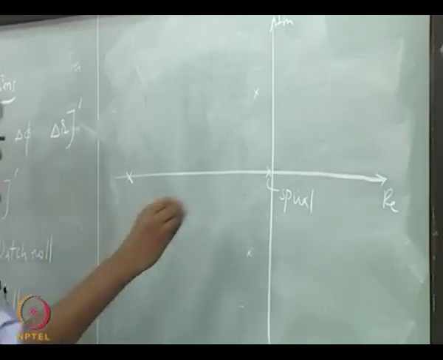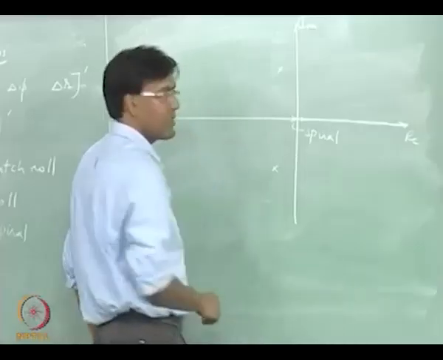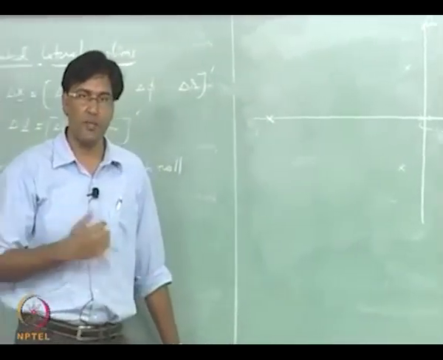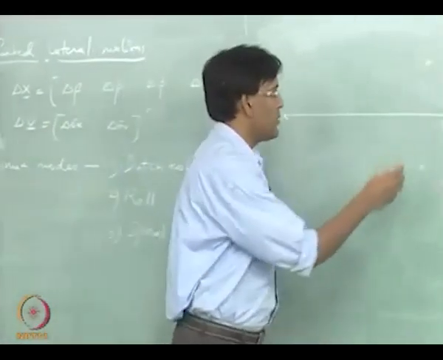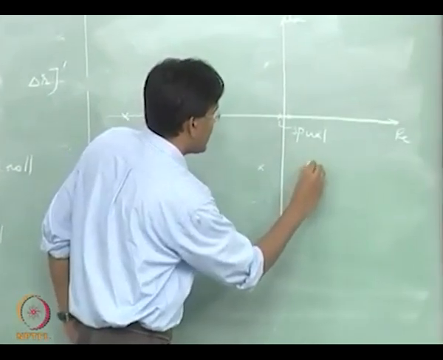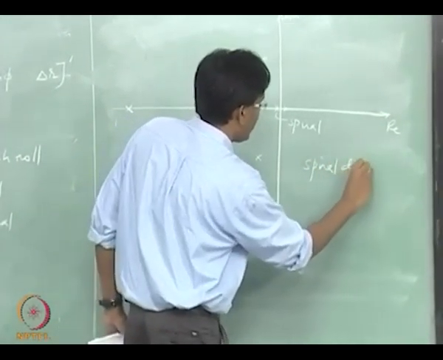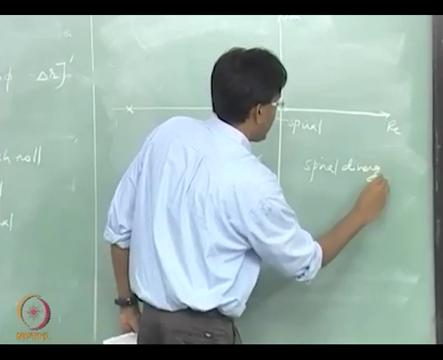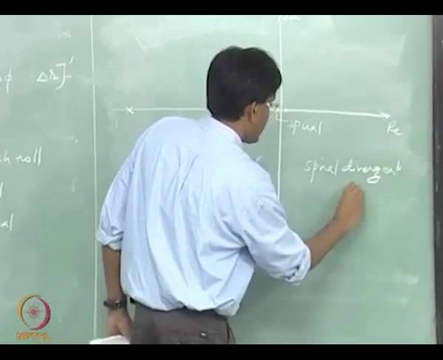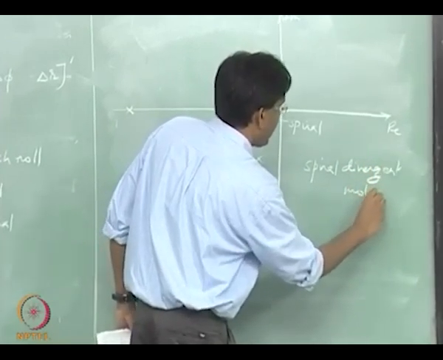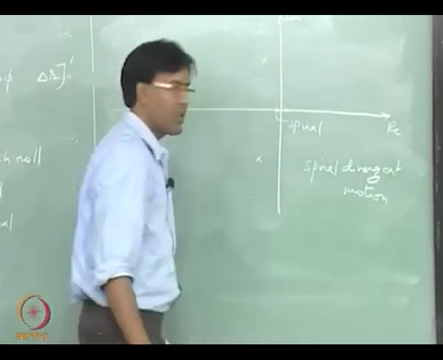If it is lying on the other side, it's like a divergent mode, right. So if it is lying on this side, then you have a motion called spiral divergent motion.